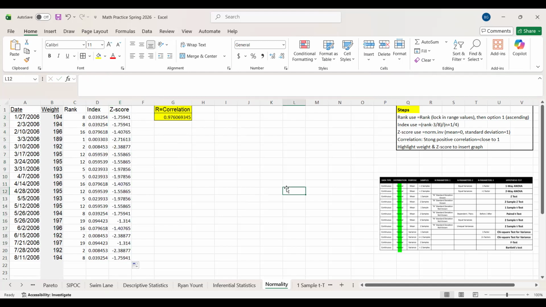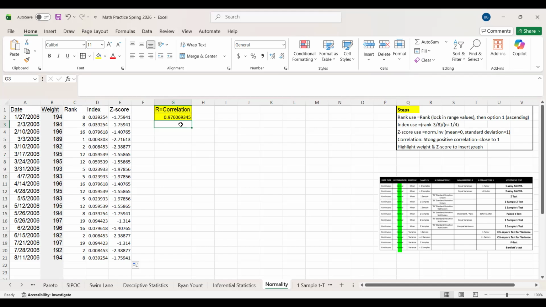All right, now I want to draw. You notice that the yellow R correlation filled in at 0.97. We're going to do a lot more of this when we get into the improve phase. But a perfect correlation means, in other words, one thing I might want to know is: is there a correlation between my weight and my blood pressure? When my weight goes up, does my blood pressure go up? When my weight goes down, does my blood pressure go down?